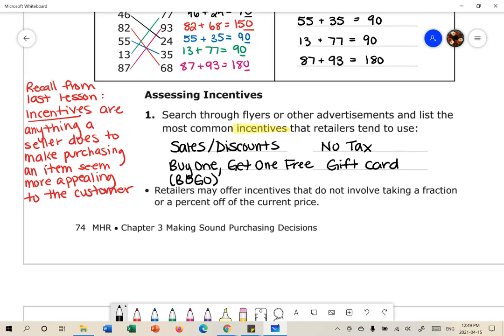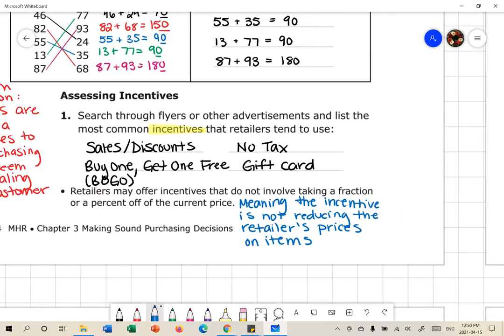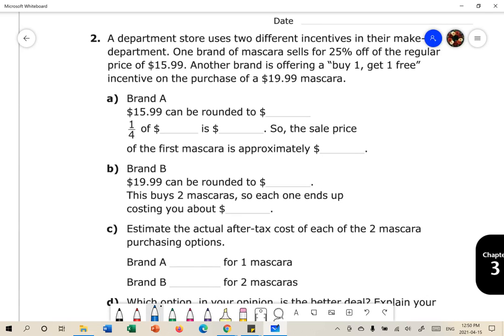That means that the incentive does not involve price adjustments. This lesson, we're going to look at examples of retailers providing incentives to their customers without reducing the price of their items.